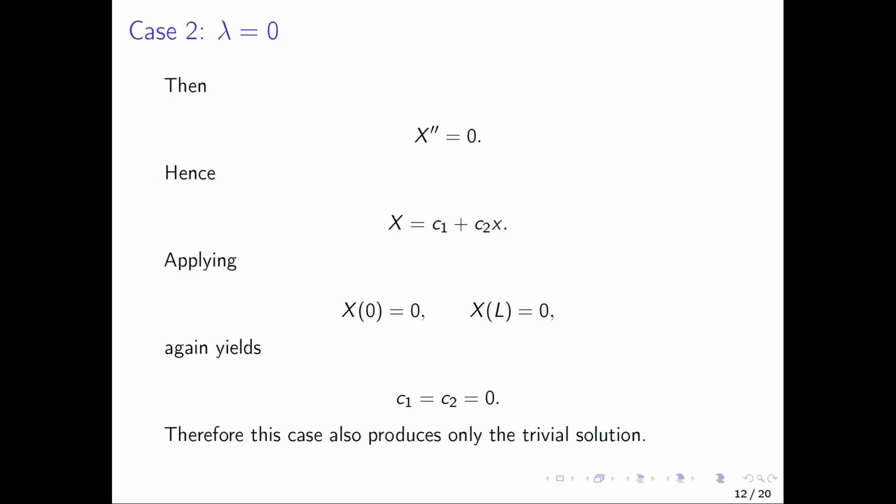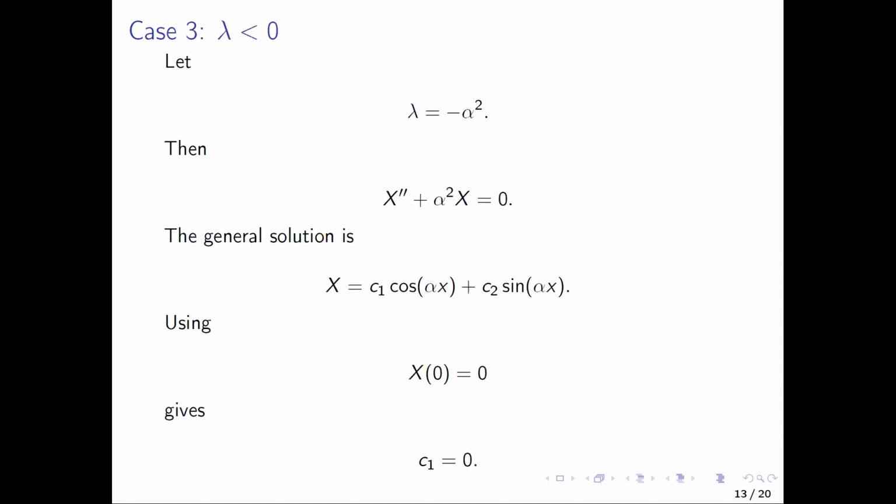And for case 3, which is the unique case, we will get the result. So we say that we will let our lambda be equal to negative alpha square. So you get r square plus alpha square is 0. So no real root exists.